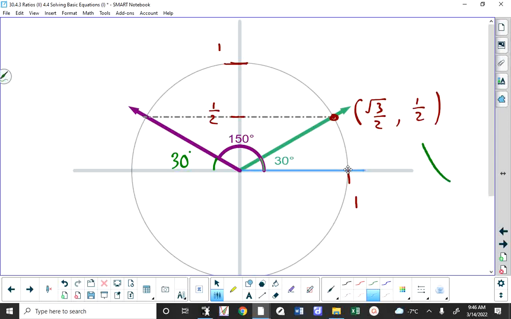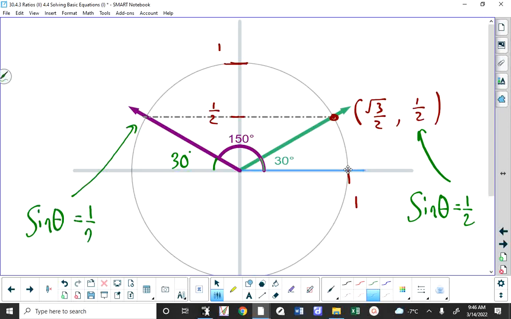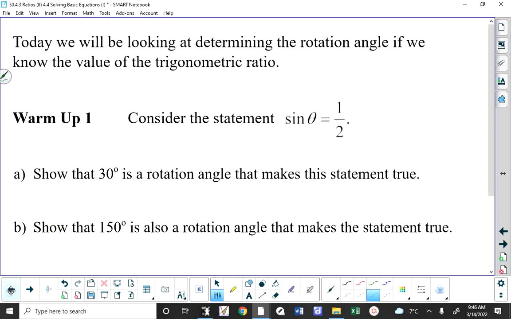So you could say sine of theta equals 1/2 when theta is 30 degrees, and when theta is 150 degrees, sine of theta is also 1/2. So no matter how you cut it, 30 degrees is a rotation angle that makes that statement true, and so is 150.